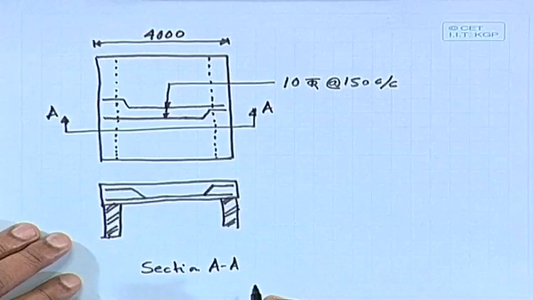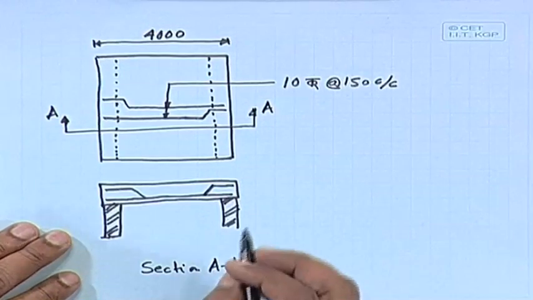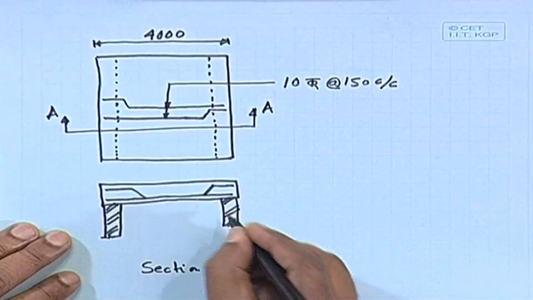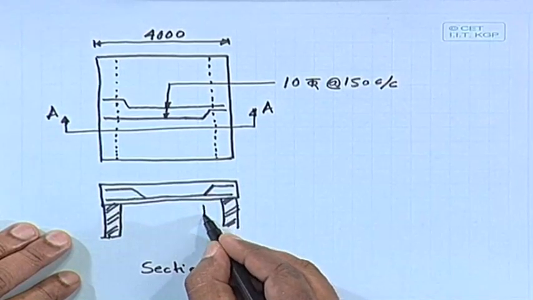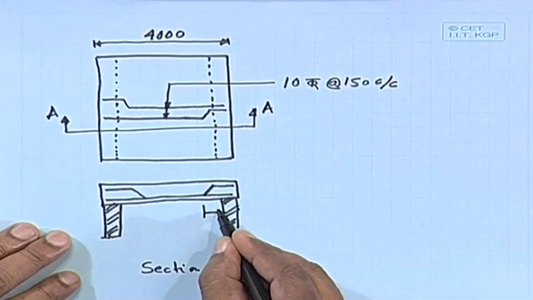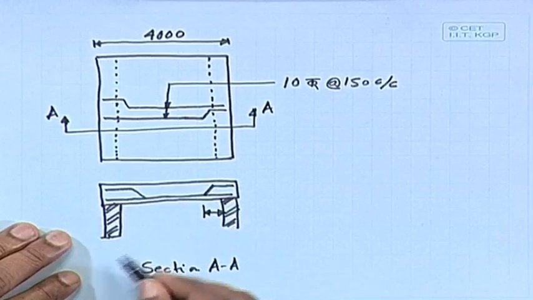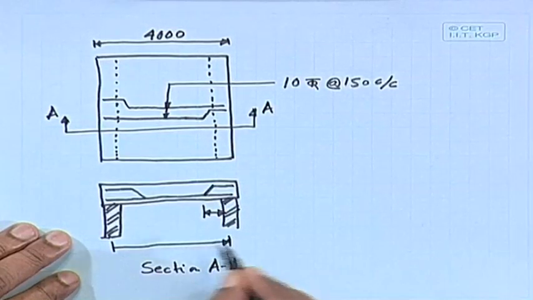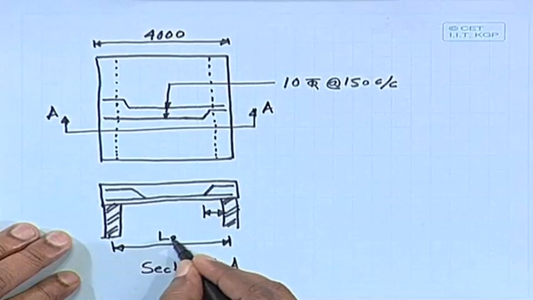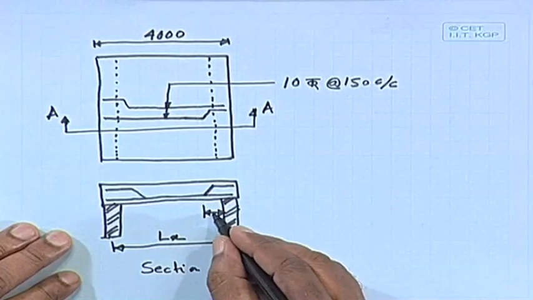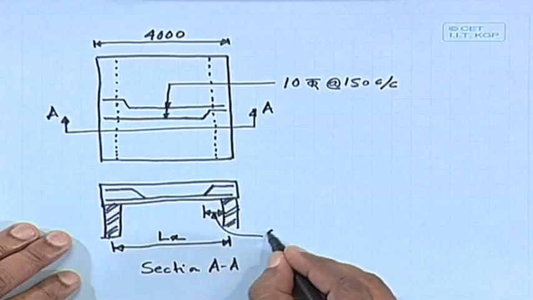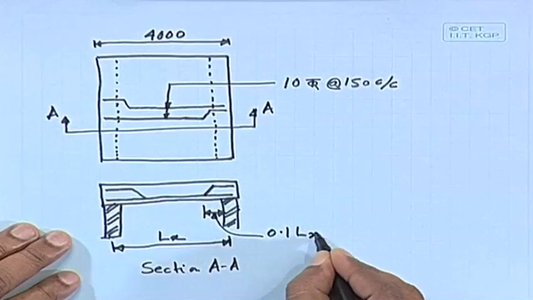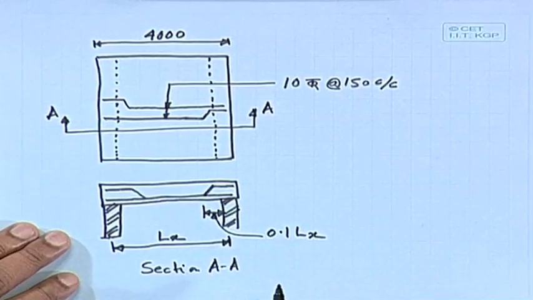And we have to provide where shall we crank? What about this distance? If the center to center distance is Lx, then this one will be 0.1 Lx.